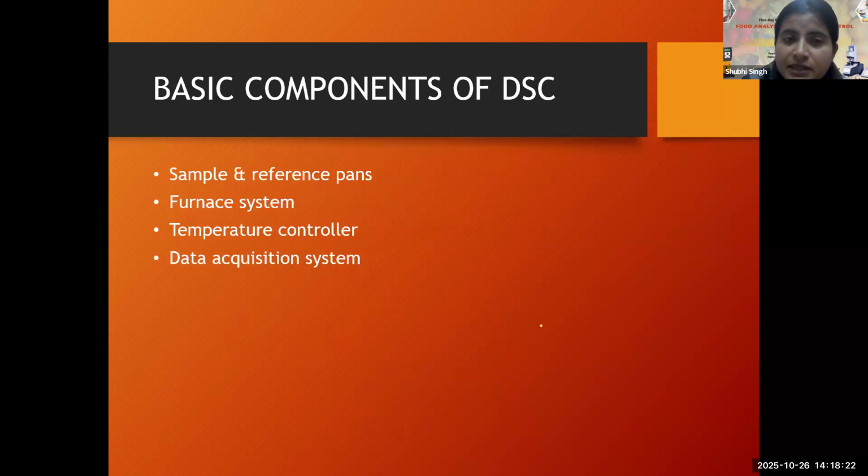There are different basic components of DSC, differential scanning calorimetry. It has some basic components such as sample and reference pans. Pans are the ones in which we have to put our sample. It is a small pan made up of alloy, and it is very heat stable.